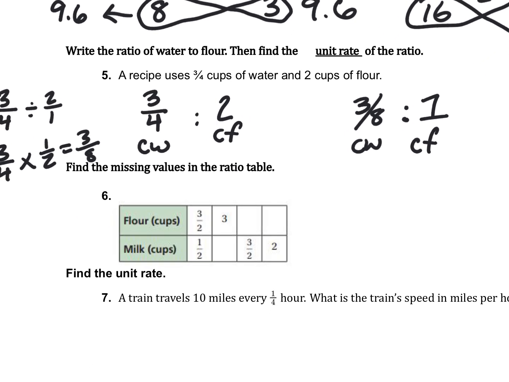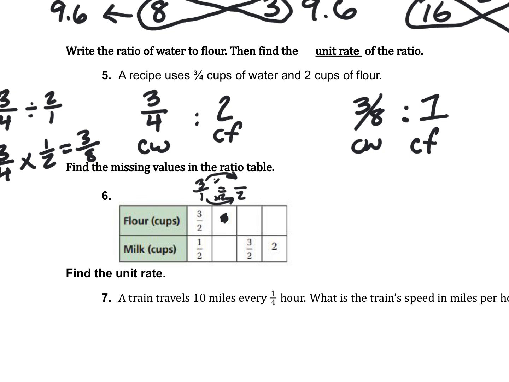Number 6, we've got a ratio table to look at here. In ratio tables where I've got fractions, I always like to change some things. I see that my top row has fractions over 2. Initially, I had this 3 in there, so 3 over 1. I want to get it to where it has a 2 on the bottom. This makes it so much easier to see our connections between them. 1 times 2 would get me to 2.